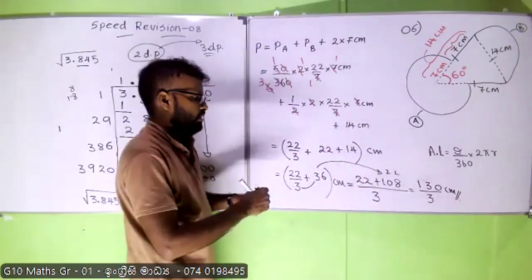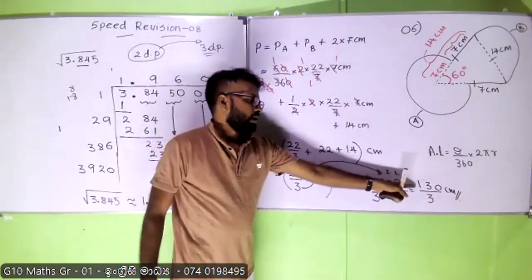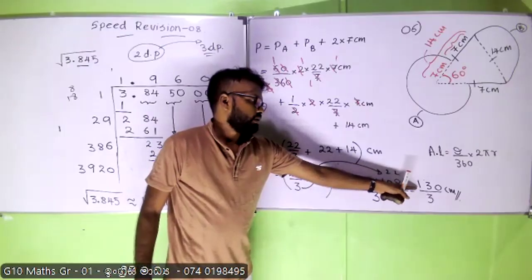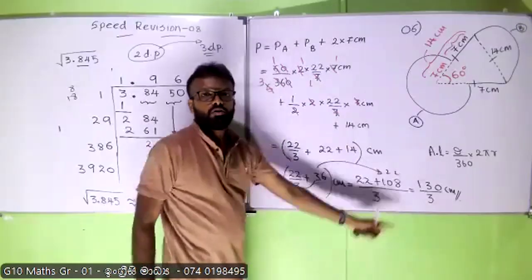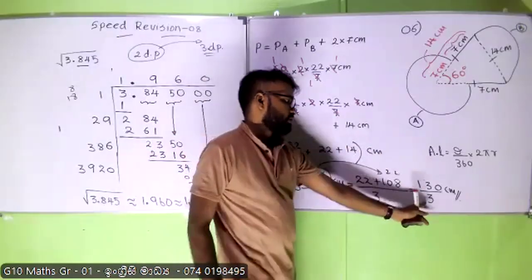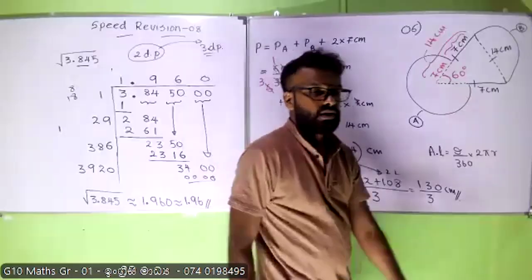So if you want, this is an improper fraction. You can convert this into a mixed number, or you can give your answer up to 2 decimal places.